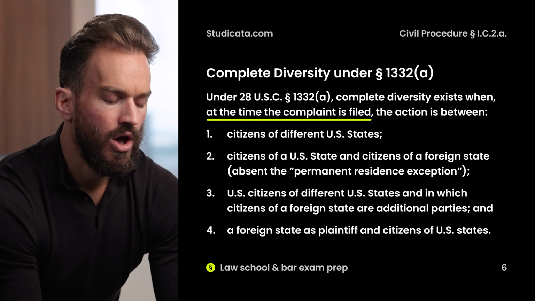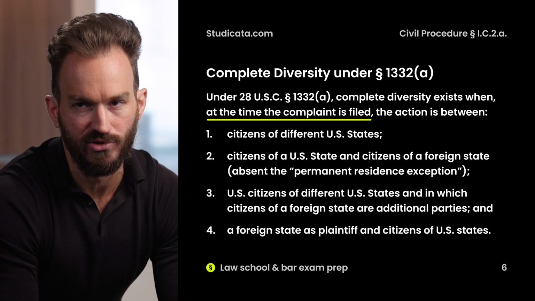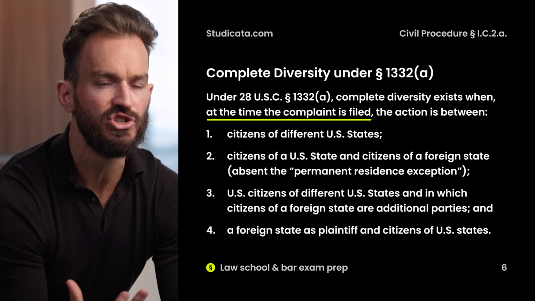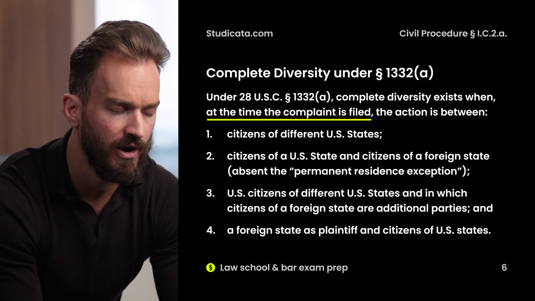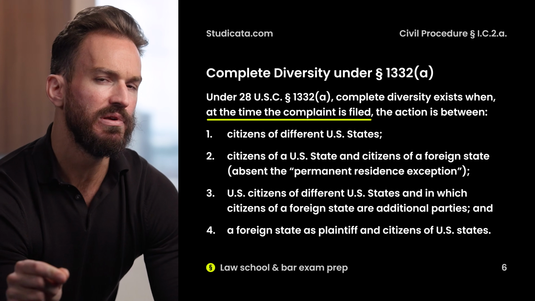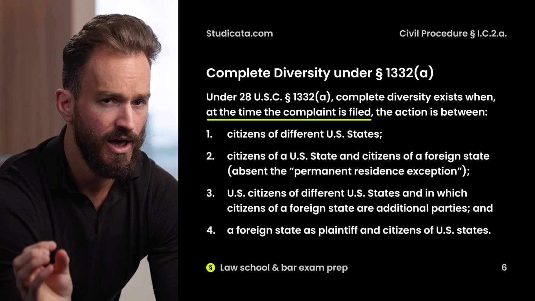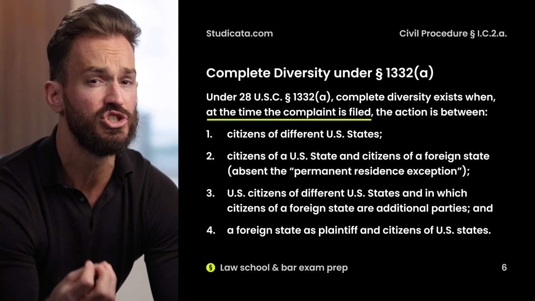So what we're going to find as we work through examples is it's possible that the citizenship of a party can change during our fact pattern. And don't worry about how that happens. We're going to cover that in a few minutes when we get further along in this lesson. But just know it's possible that a person's citizenship can change.